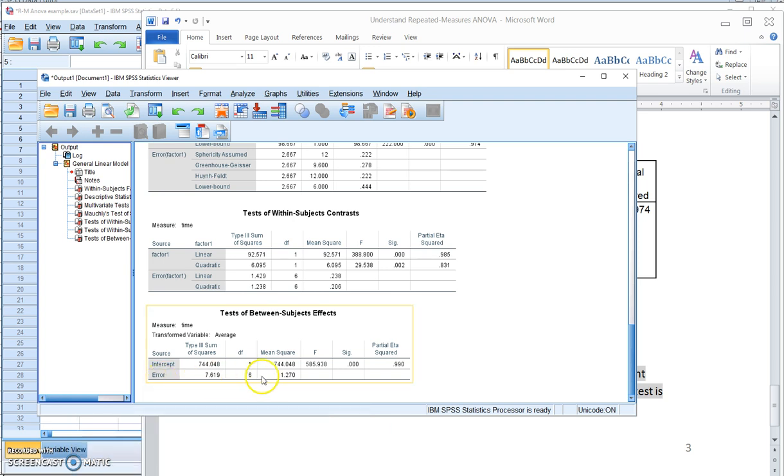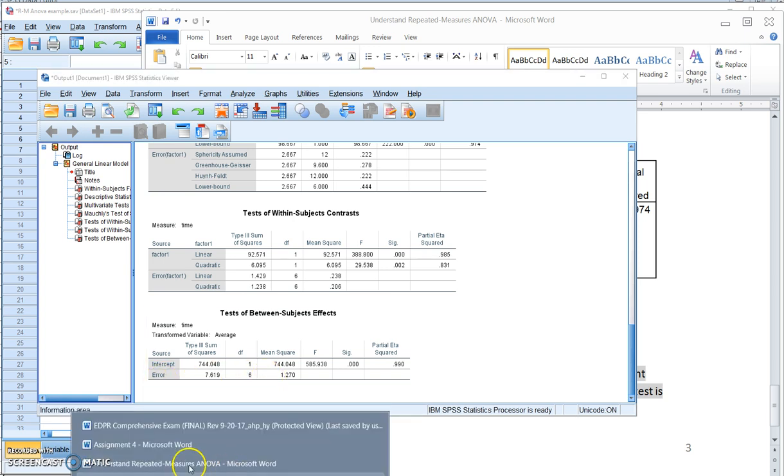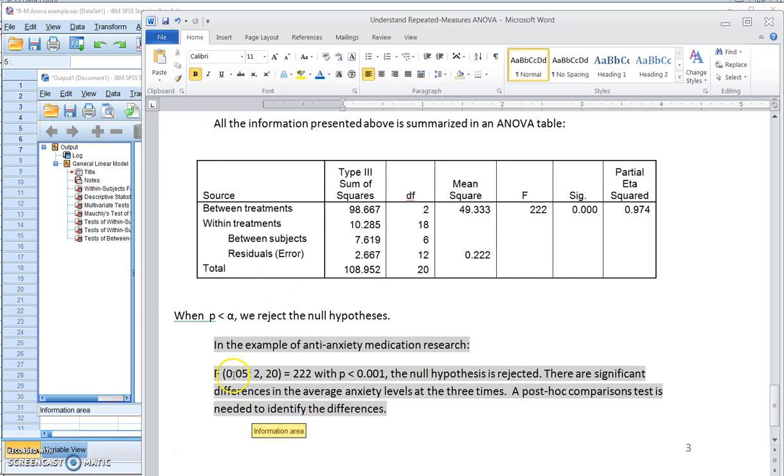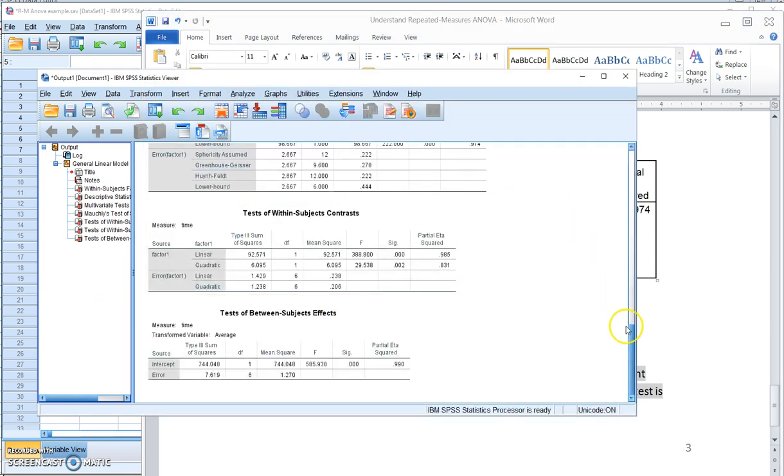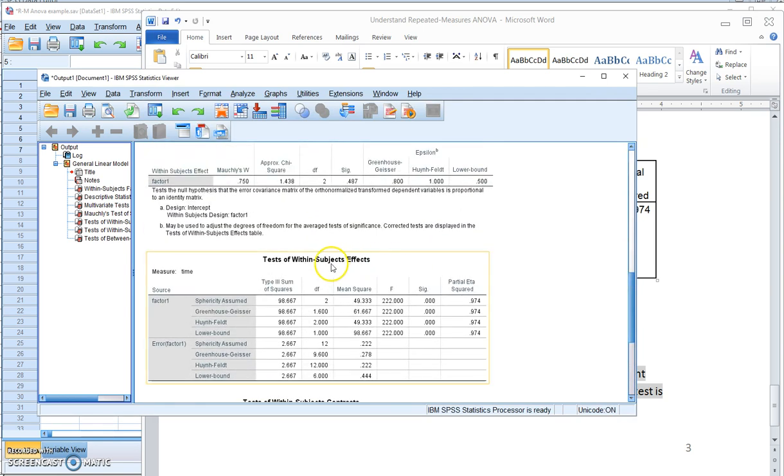We copied the information from this line to our between subject line. And the residual information, the sum score, the degree of freedom, and the mean score, again, is from this test of within subject effect.